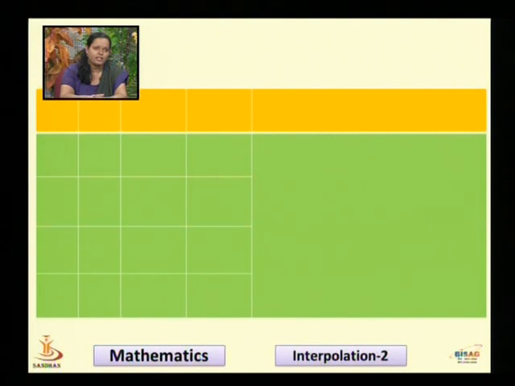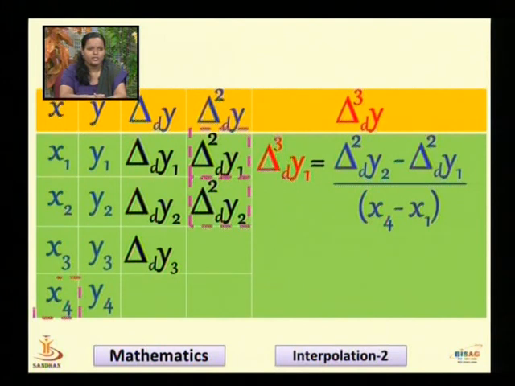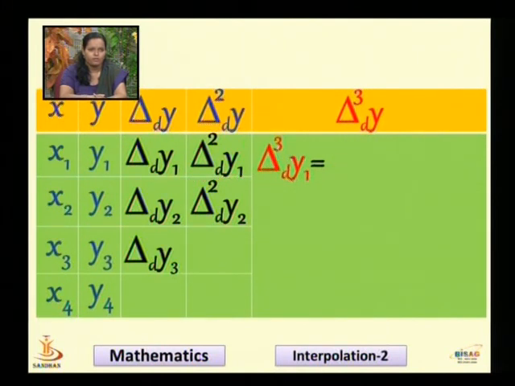Now let us have a tabular look at how to construct the third order divided differences. Given a set of data points x and y, that is x1 y1, x2 y2, x3 y3 and x4 y4, we have already computed the first order divided differences and also the second order divided differences. Now let us compute the third order divided differences.